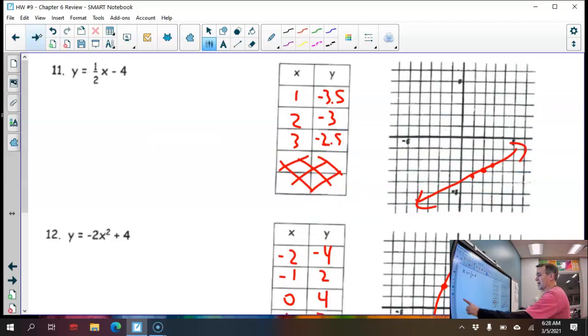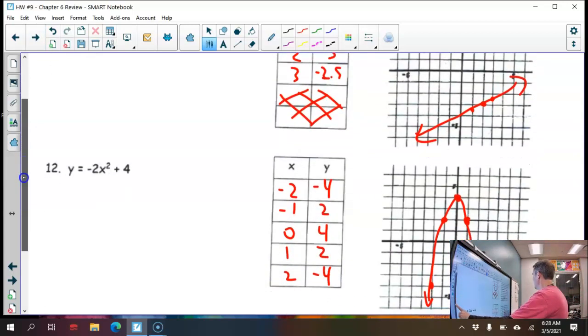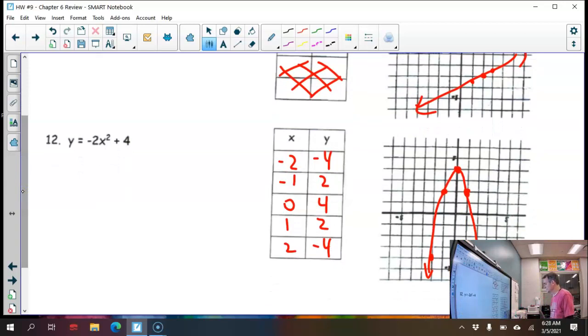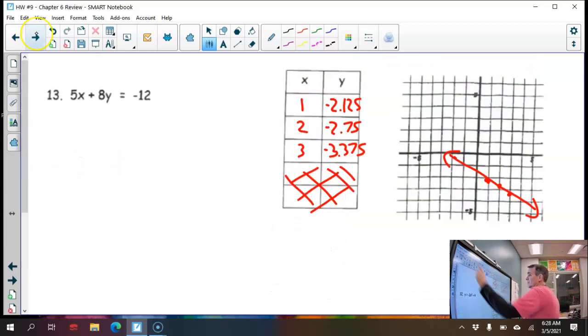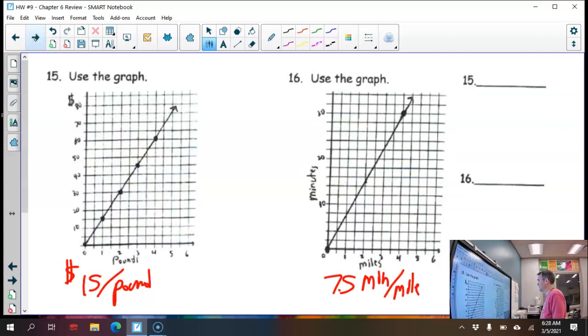And for 11 and 12, you should have the exact same table and the exact same graph. And again, for 13, you should have the same table and the same graph. And 14 and 15 and 16, those can be tricky.